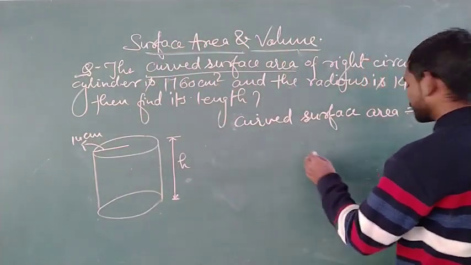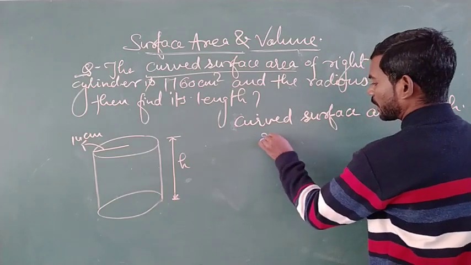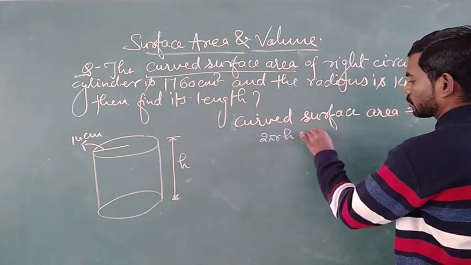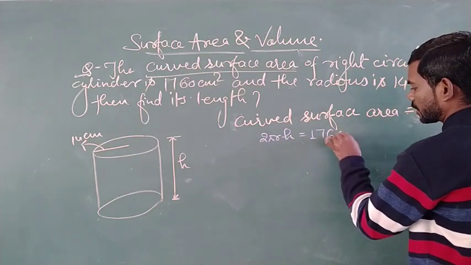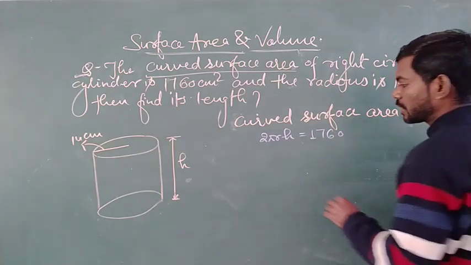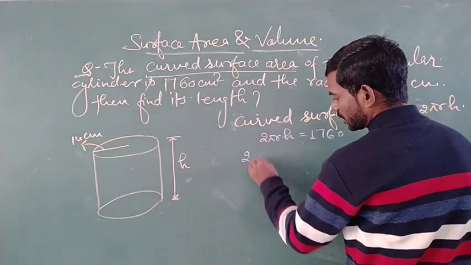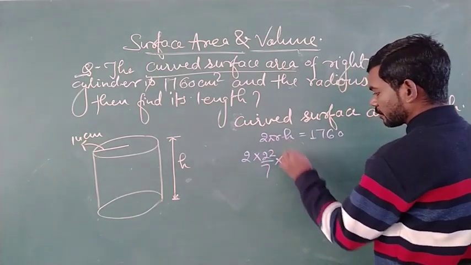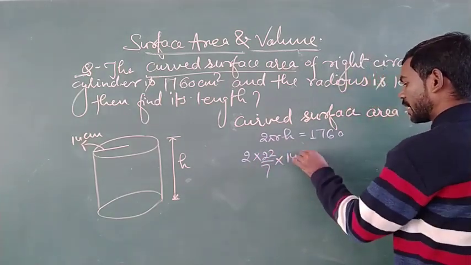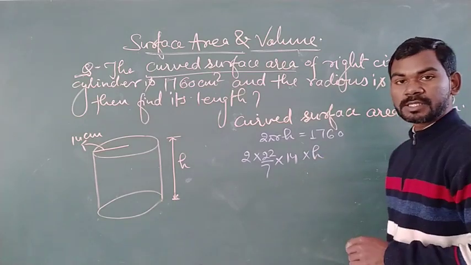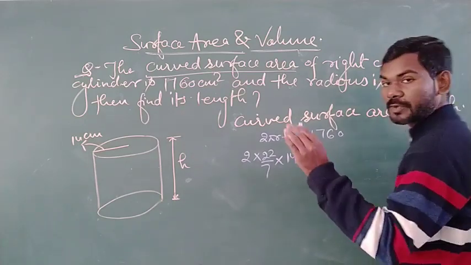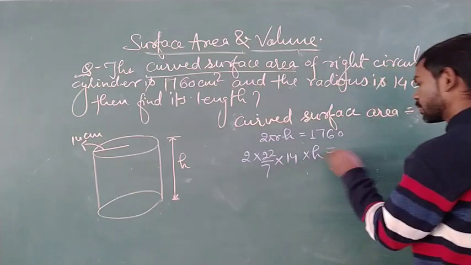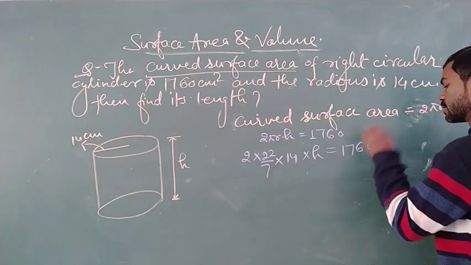The curved surface area, 2 pi r h, equals 1760 centimeters square. 2 remains the same, the value of pi is 22 upon 7, the value of r is 14, and we have to find its length, that is its height, so h remains as it is, and this equals 1760.